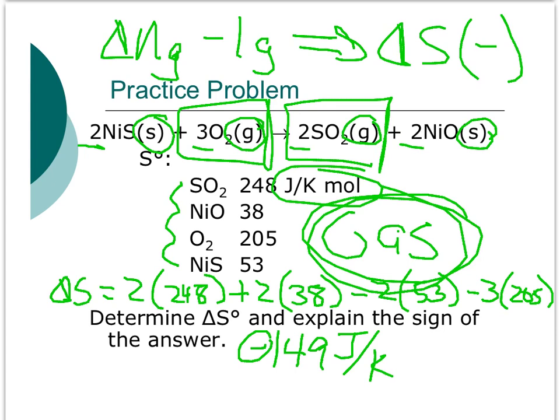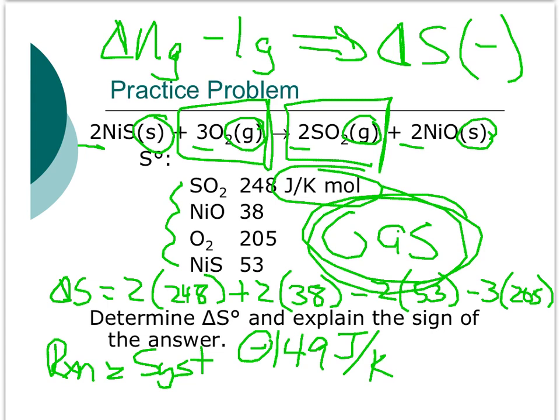Alright, so we go from 3 to 2, loss of gas moles, negative change in the entropy. Fewer particles, fewer arrangements, less entropy. I want to emphasize again that what we're doing here is this is the change in the entropy of the reaction, i.e. the change for the system. I've only determined the change for the system.